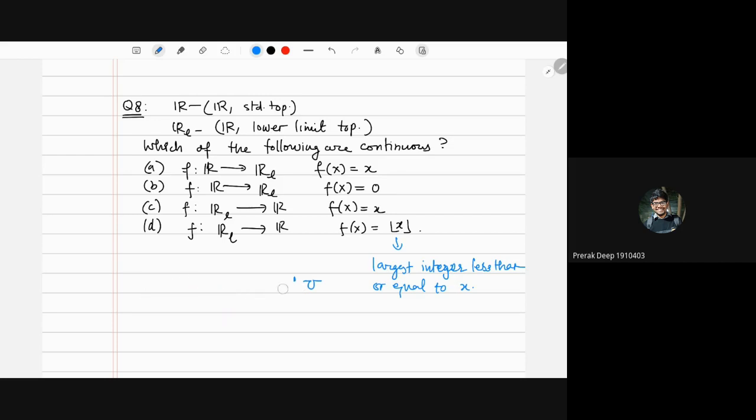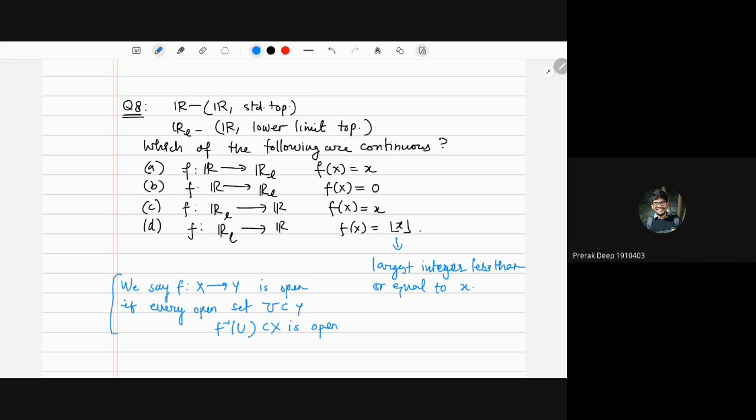Sorry. So we say f from R to RL, or let's use some generic notation, from X to Y, is continuous if for every open set U in Y, f inverse of U in X is open.